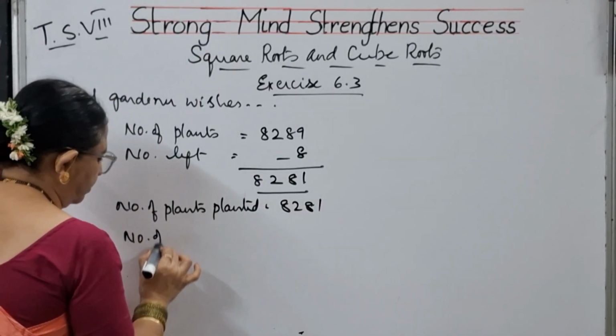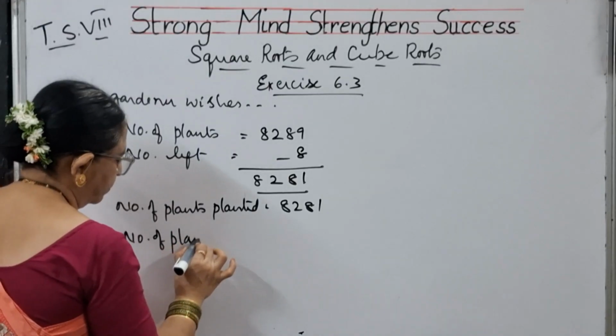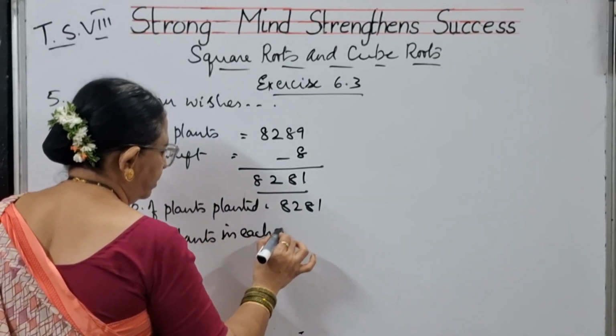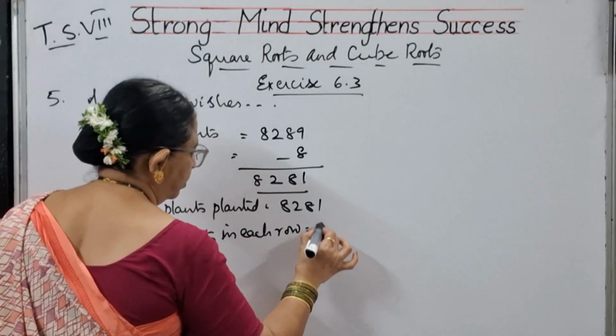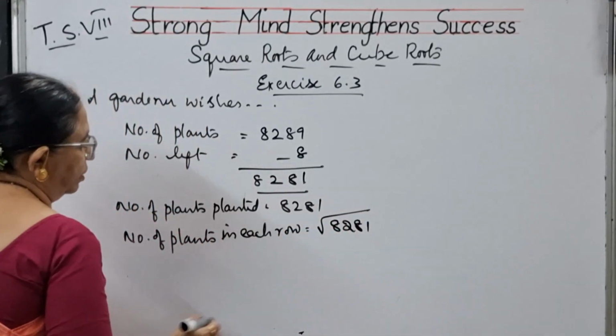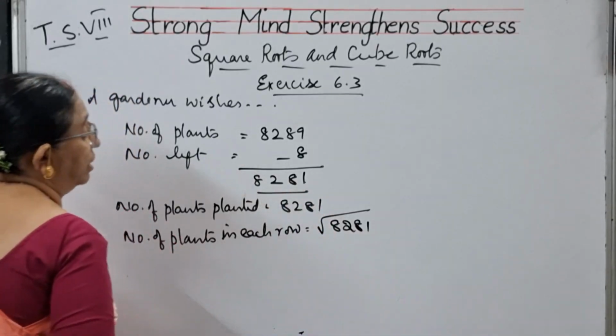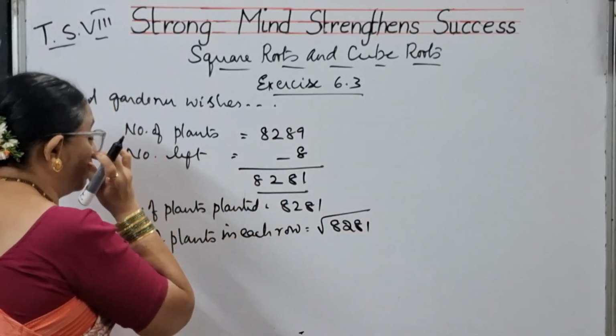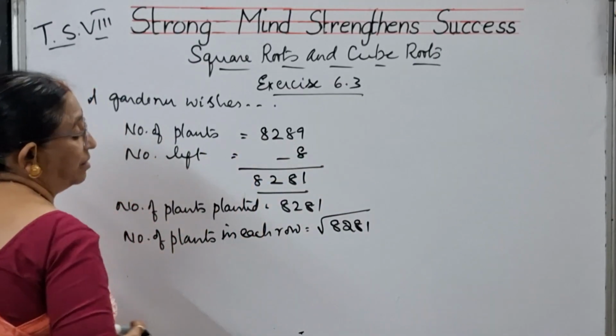Now the question is, how many plants were there in each row? How will you find the number of plants in each row? This is equal to root of 8,281. Why? Because they have planted in a square. After planting the plants in the form of a square, he found 8 plants left.